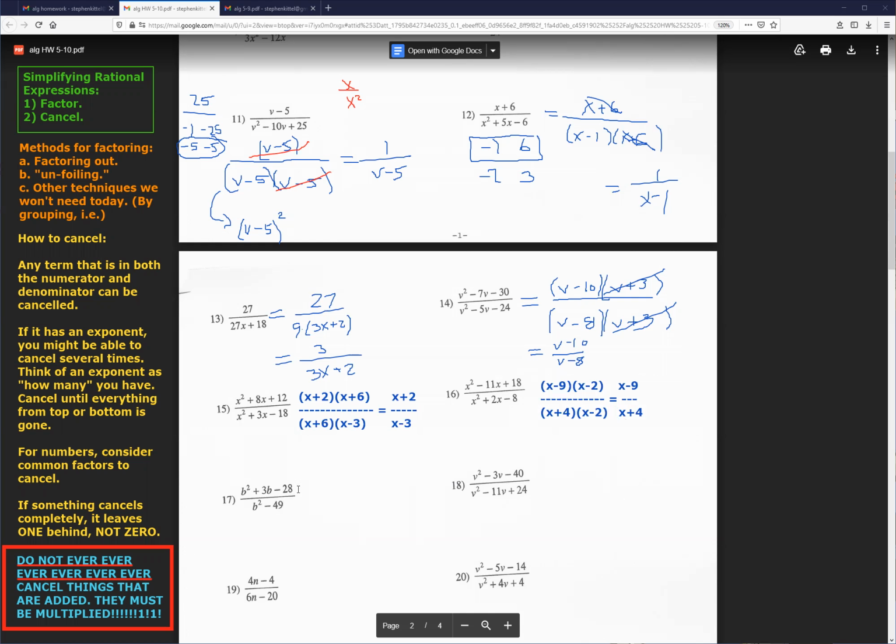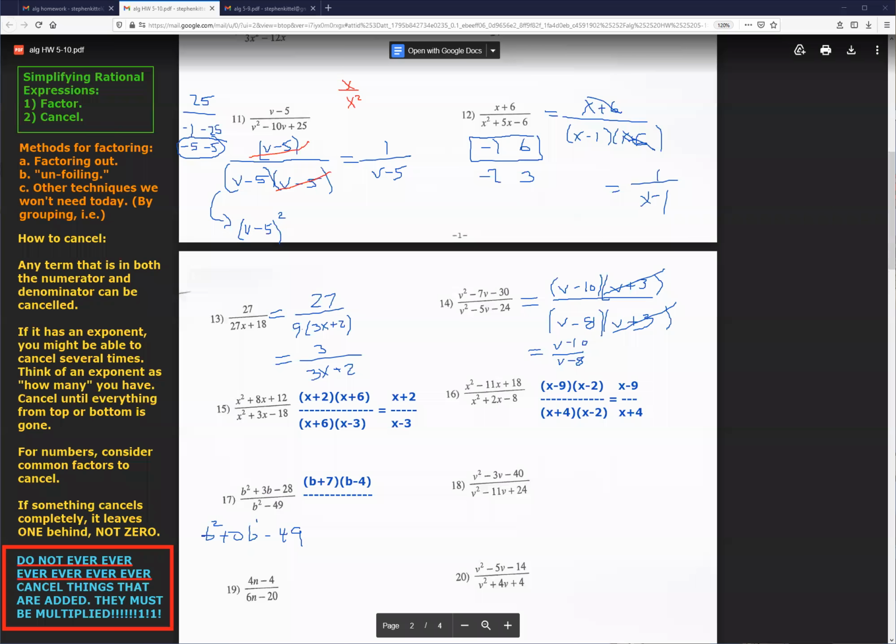All right, 17. Top here is b plus 7, b minus 4, over. Now, b squared minus 49, we got to think about this one. What's the deal here? It's basically b squared plus 0b minus 49, right? We don't have any b to the first term, so it's basically 0.